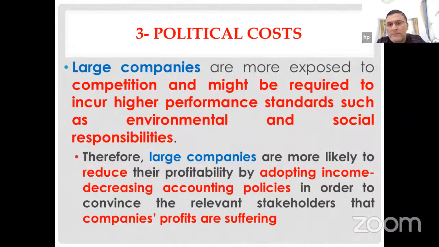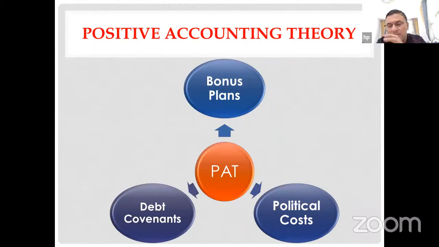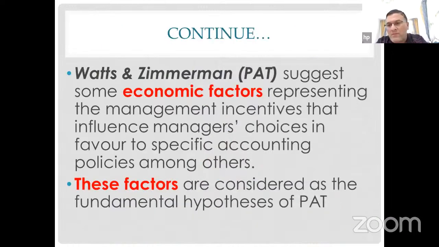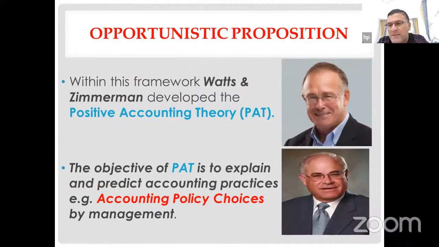Okay. Let us sum up our positive accounting theory concepts. Again, positive accounting theory, Watts and Zimmerman developed this theory based on the opportunistic proposition. What is the meaning of the opportunistic proposition?